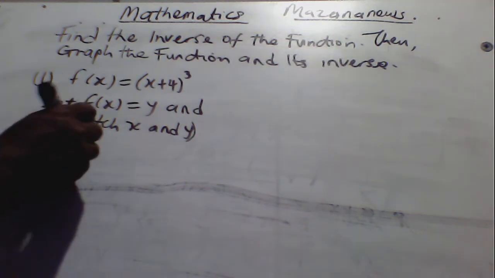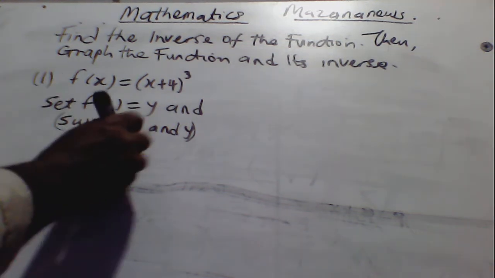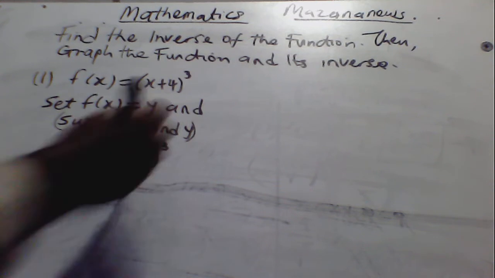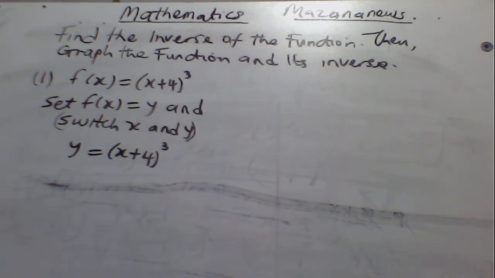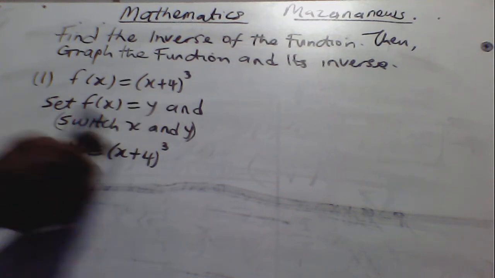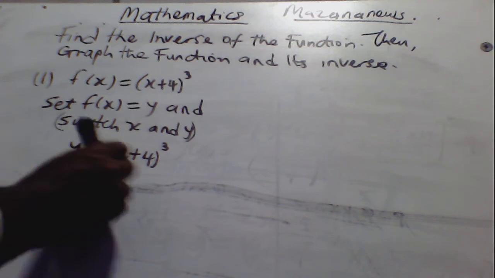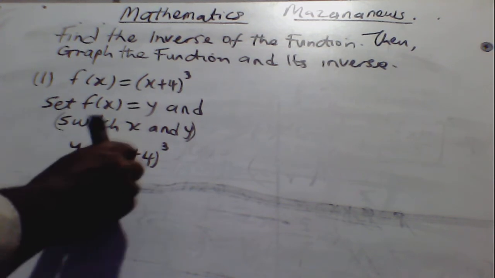So from here we have y equals to x plus 4 raised to power 3. So switch x and y, we have x equals to, we have done this before.